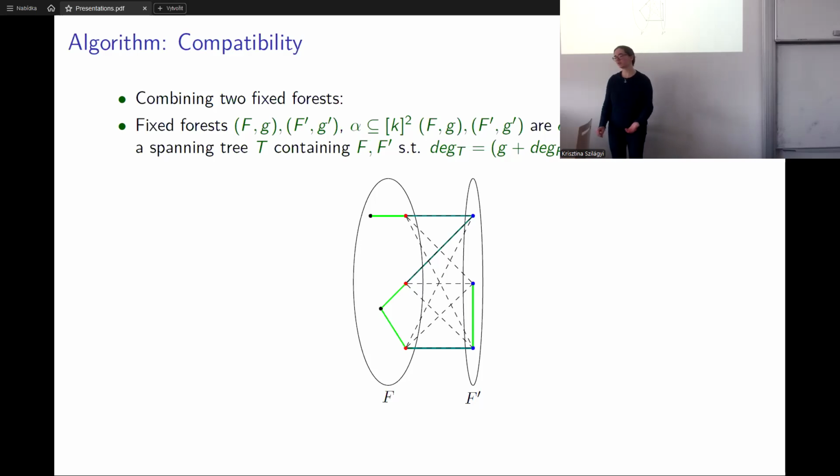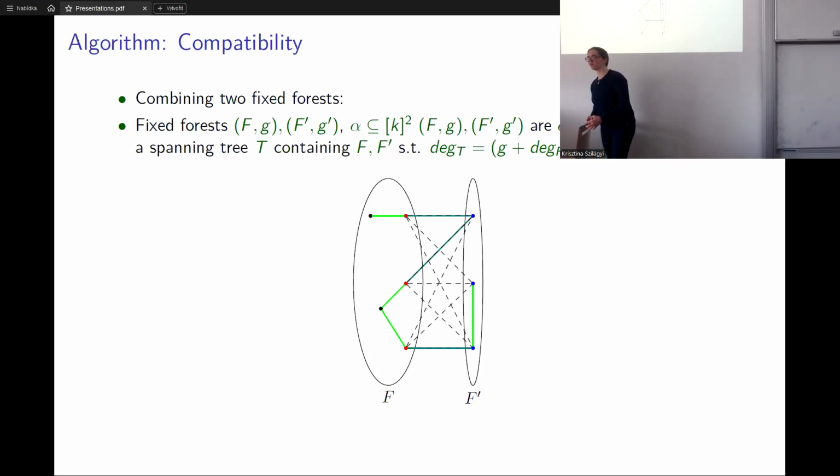So what we want to say is, if I have a fixed forest F and F prime and I add edges described by alpha between them, can I find a solution? Can I combine them and get a solution to the whole instance?